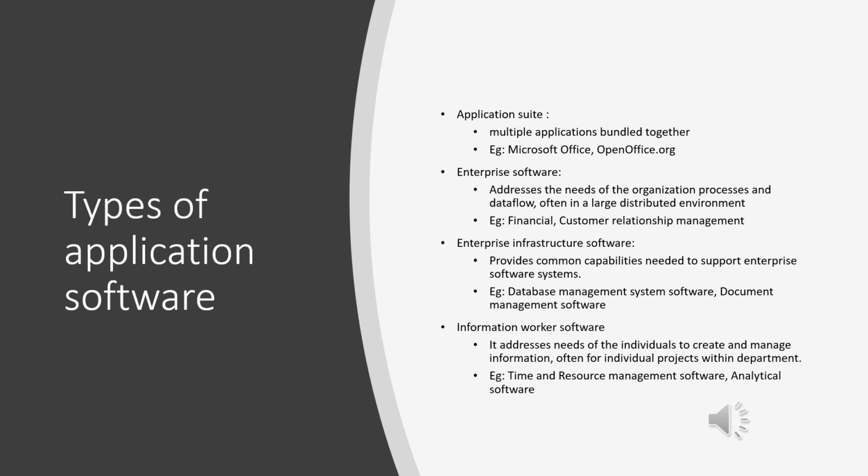Now enterprise infrastructure software means you are going into a bit more detail, or narrowing down. You're talking about certain aspects of that enterprise. For example, all the activities of the college at Chalakudi are part of the enterprise software, and one particular thing within that, like the admission procedure, is enterprise infrastructure software. It provides common capabilities needed to support enterprise software systems.